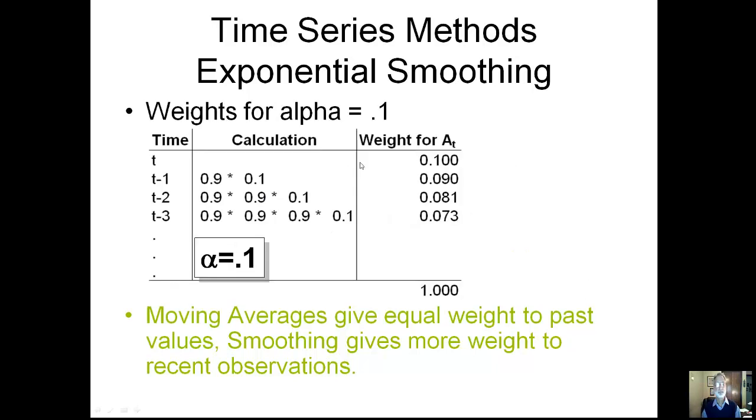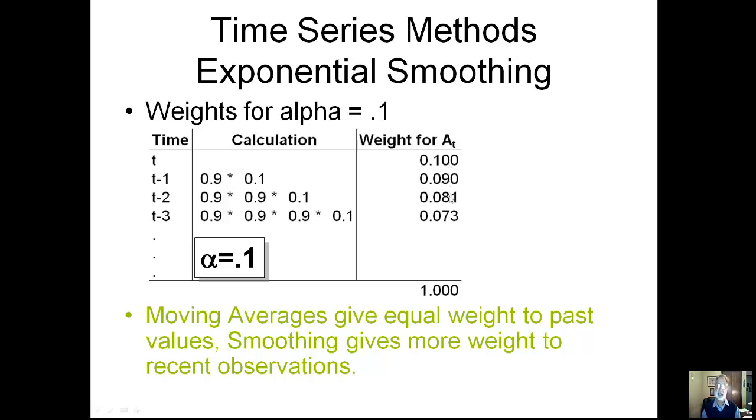So the way exponential smoothing works is it assigns declining weights. AT is the last actual value that you have. So if I picked a smoothing constant of 0.1, then the weight would be here. If I picked a smoothing constant for t minus 1 period, the weight would be this.